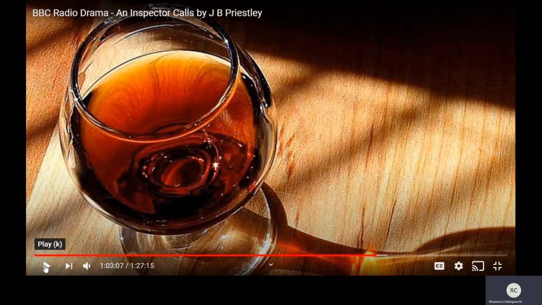So this bit's really important, because what we have here is the inspector summing up what each of the characters did. And notice it's only Sheila and Eric who have anything to say for themselves. Mr. Birling and Mrs. Birling are quiet. Now this line's really significant, that the inspector's just said, she'll make you pay a heavy price.